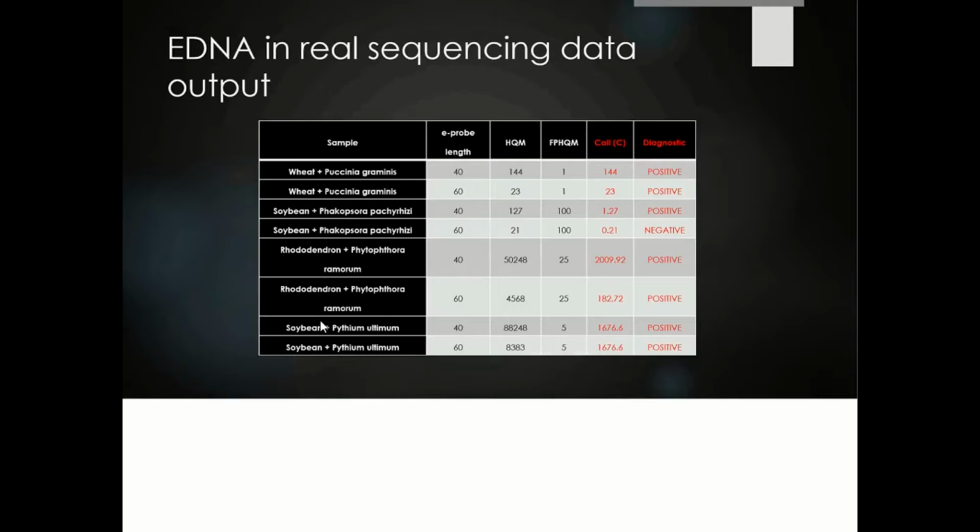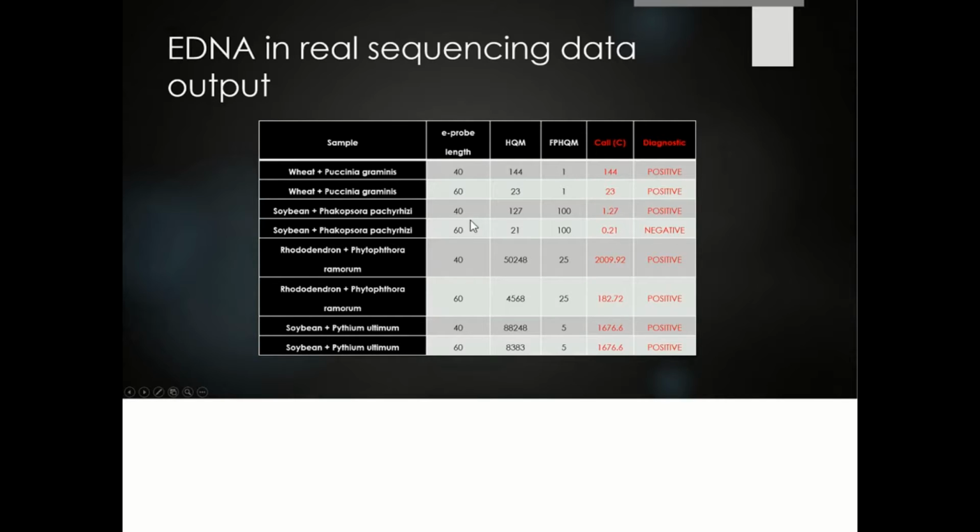After all that analysis with all my organisms, these are real sequencing data, showing eProbe lengths of 40 and 60, the high quality matches, and the false positive high quality matches, which are constant. Whatever is higher than 1 is positive. For example, for Puccinia graminis the call is 144, which is higher than 1, so it's called positive.